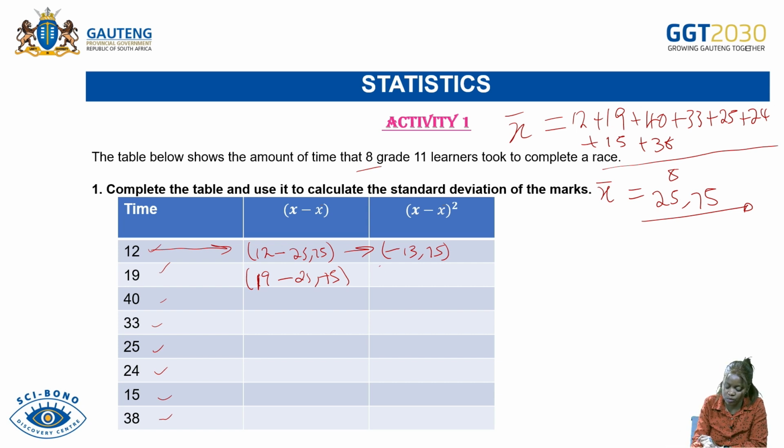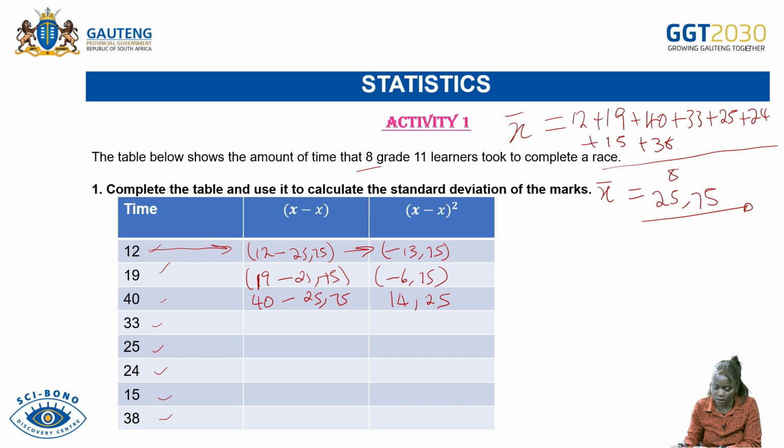It is going to be negative 6.75. And then the third one, you are given 40 minus 25.75, that is 14.25.